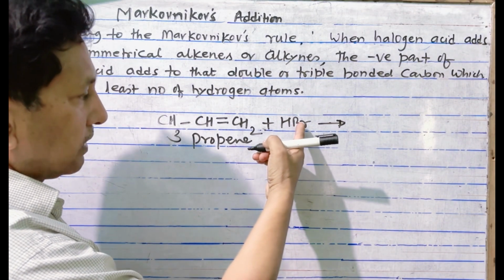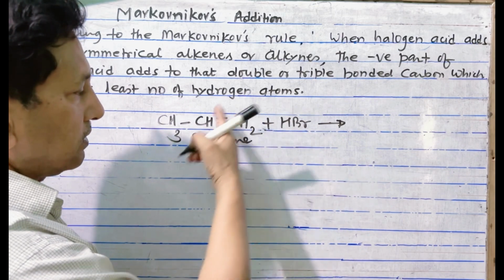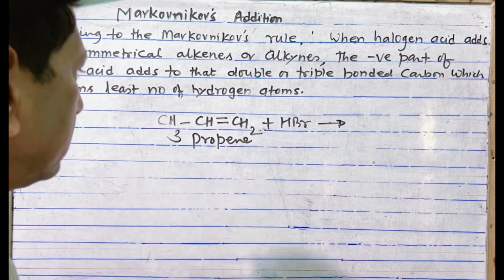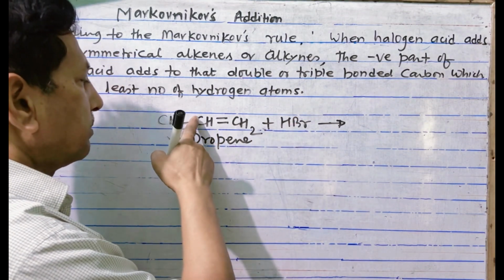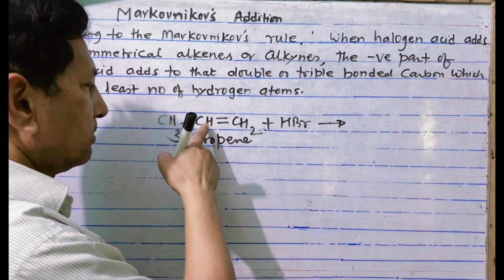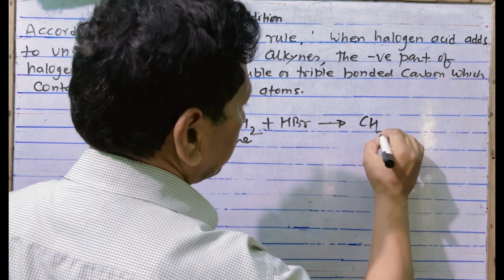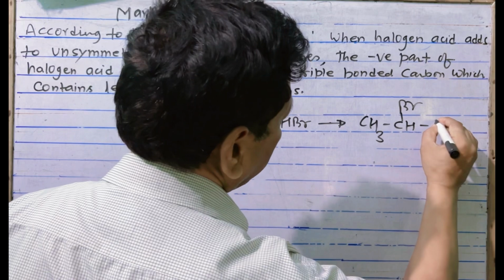The bromine is the negative part and H is the positive part. This is an ionic addition, so the negative part will go to this carbon because it has one hydrogen, and the positive part goes to this carbon. You will get the product 2-bromopropane.